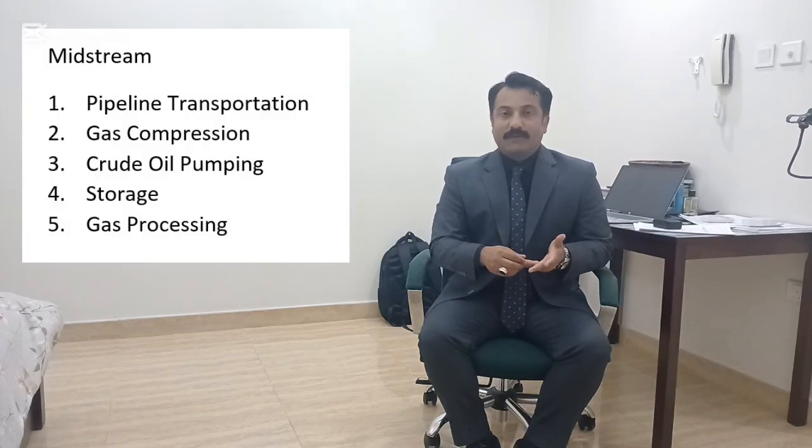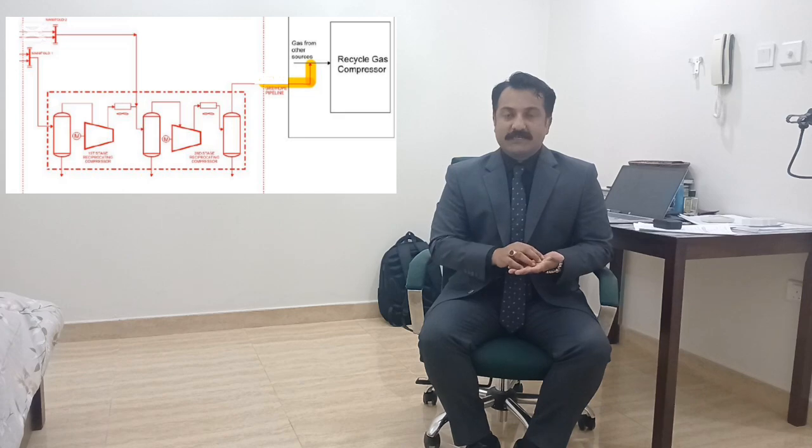If it is crude, then we install a crude oil pumping system, or we can move it by shipping, by rail, or by road bowser. Any medium used to transport stabilized crude from one place to another is included in the midstream system. Gas is also in this system; we have to treat the gas, then introduce it into the downstream system for safety purposes.